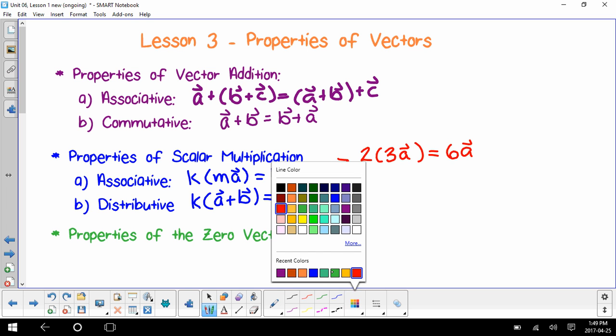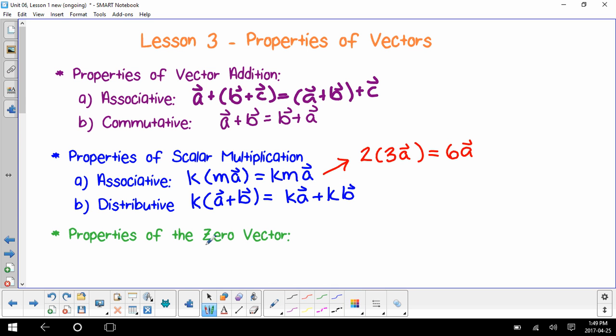Now we have a few properties of something called the zero vector. The zero vector is a vector that has a magnitude of 0, but it actually does have a direction.